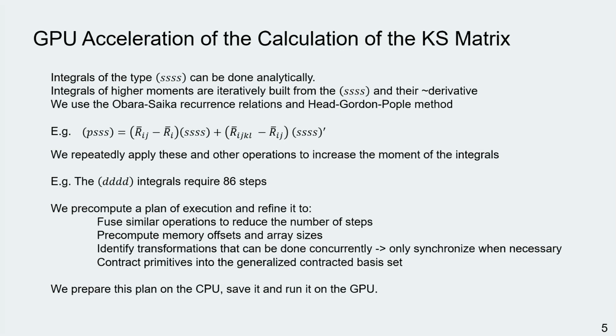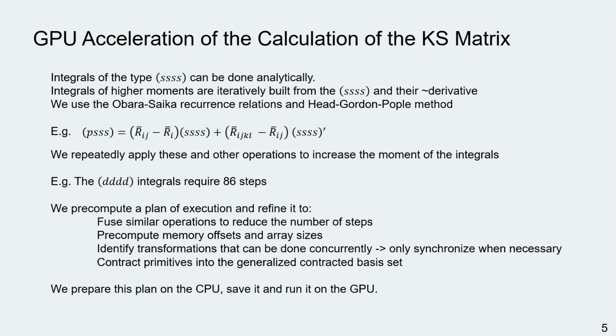So what we do is skip quite some steps. We pre-compute a plan of execution, as in how do we go from these fundamental integrals to these integrals. We pre-compute it on the CPU. We refine it essentially to increase the performance of our calculation.